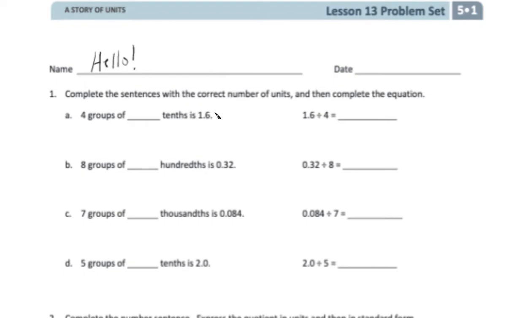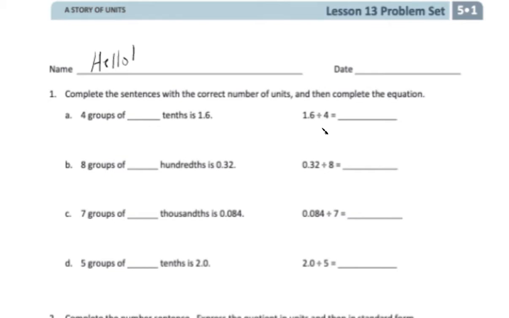For the last few weeks, we've been looking at numbers like 1.6, and we've been calling it by different names. Yeah, that's 1.6, but isn't that also 16 tenths or 160 hundredths, right? This particular lesson expects us to use that kind of understanding to think through this.